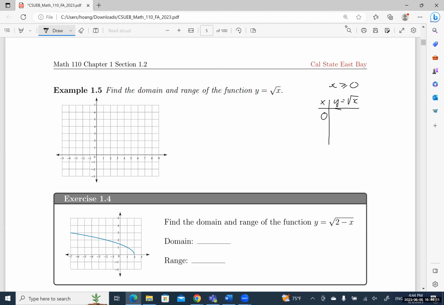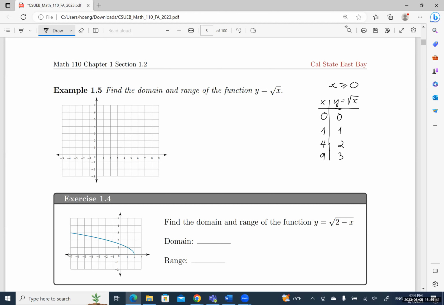Let's say square root of 0 is 0. No worry. Another one could be 1. Square root of 1 is still 1. Maybe if you think about 2, I don't think that's going to be a good idea. So choose 4, which makes 2, right? And maybe the last one could be 9, and square root of 9 is 3, right?